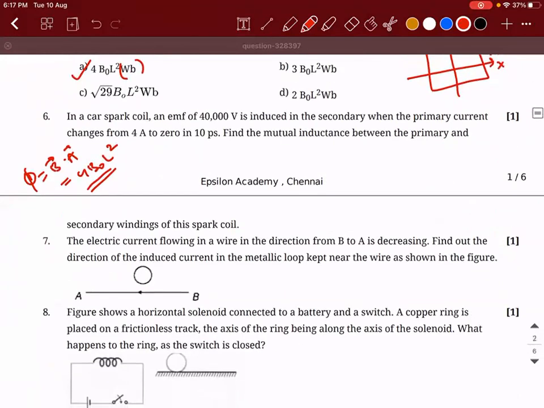Okay. Sixth one, try it out. In a car spark coil, an EMF of 40,000 volt is induced in the secondary when the primary current changes from 4 ampere to 0 in 10 picoseconds. Find the mutual inductance between the primary and the secondary windings of the spark coil.